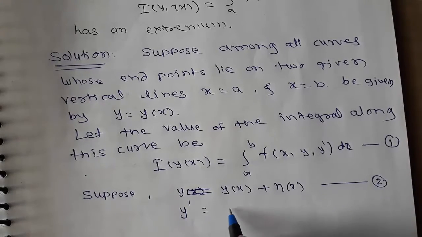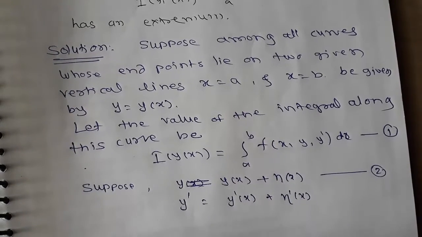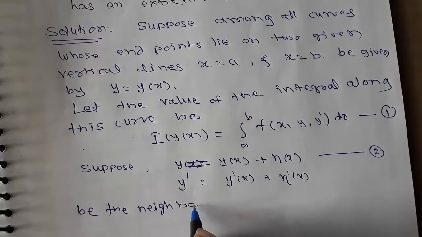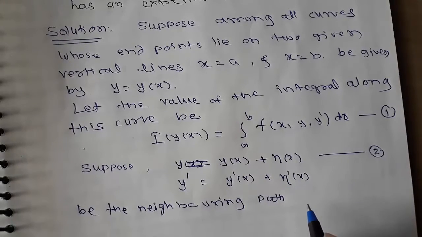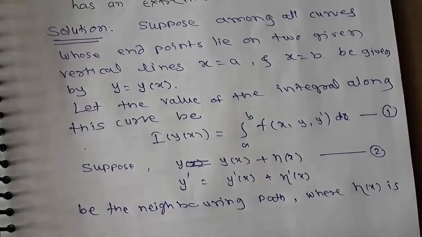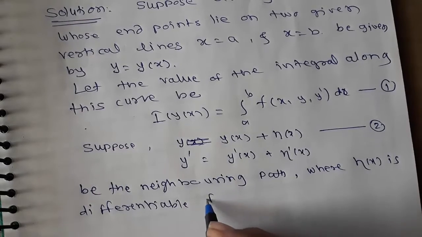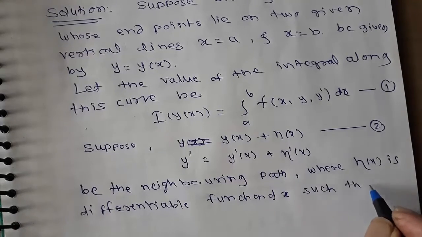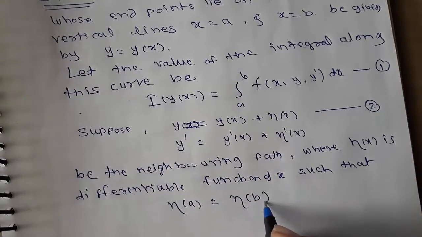Therefore, y dash becomes y dash of x plus eta dash of x, be the neighboring path, where eta of x is a differentiable function of x such that eta at a equal to eta at b equal to 0.